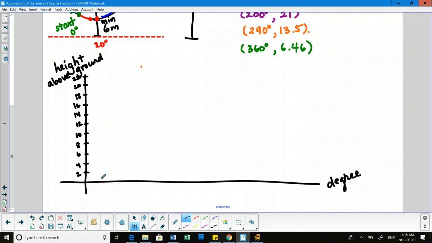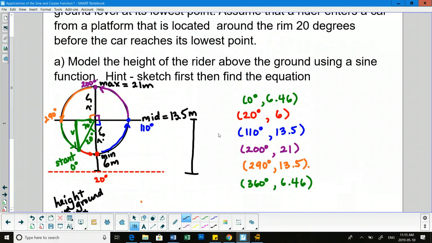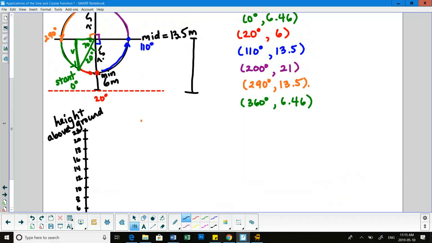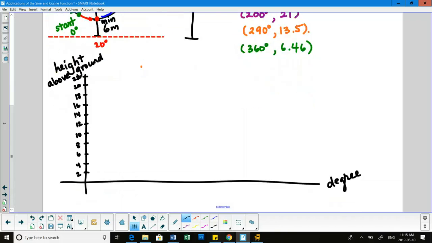Okay, and then over here we're going to go, we could go by 20s up to 360, or maybe try 40s, or we could just do the regular 90.